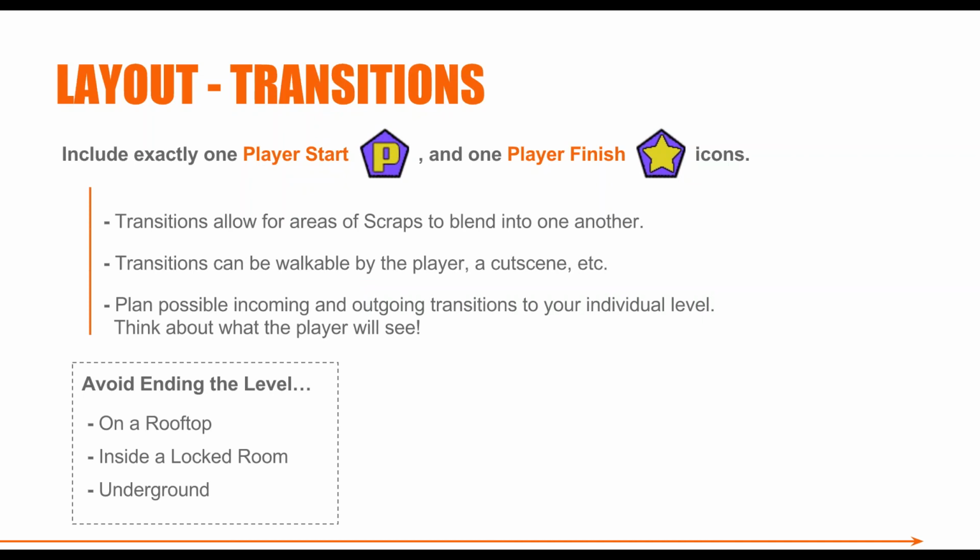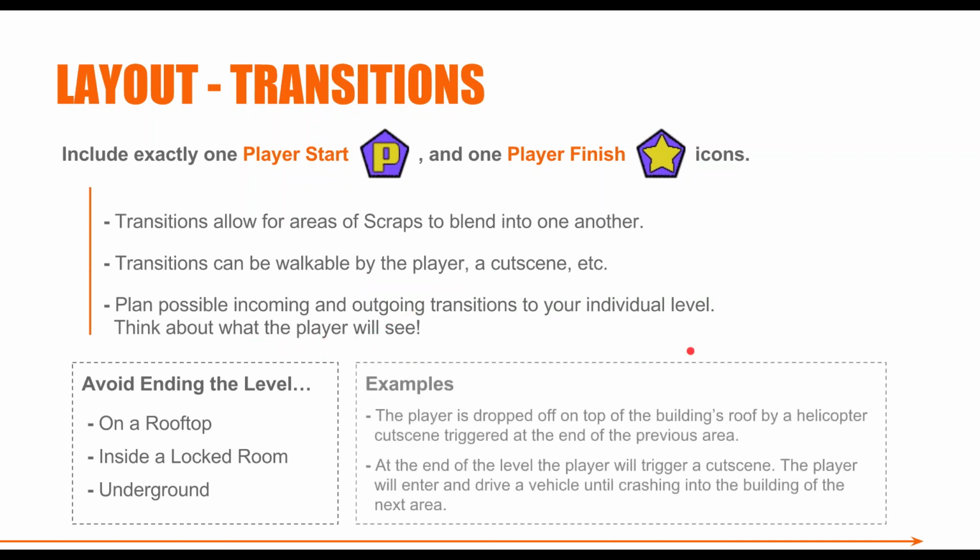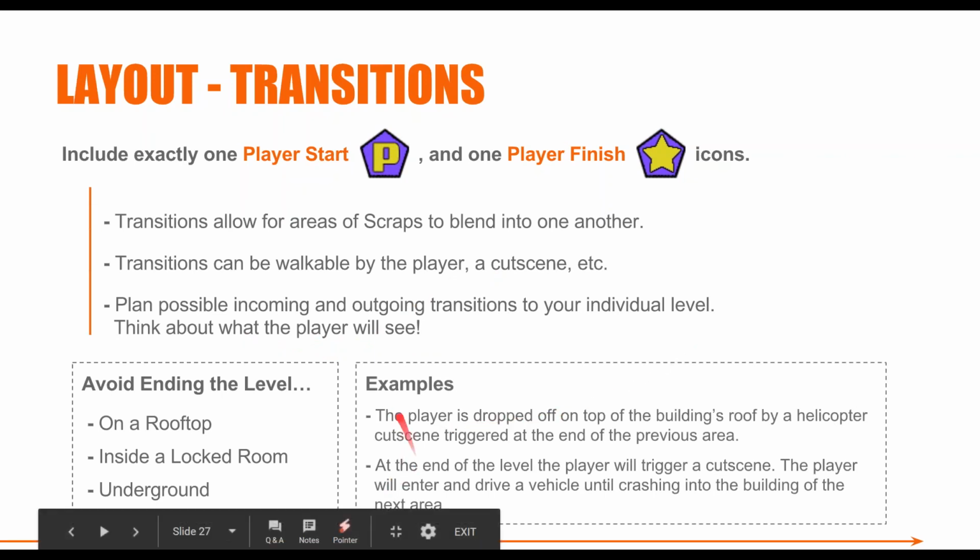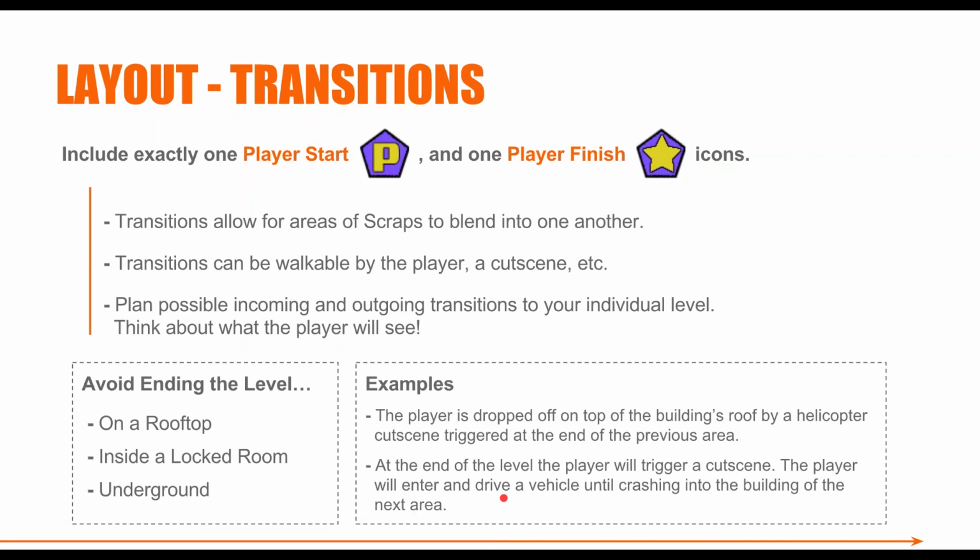And when you do that, do your best to think about what the player will see. So here are two examples that you could see in the notes for the level, specifically saying the cutscene will trigger and what you will see during that cutscene. Be very specific and detailed in the notes and on the layout of the map itself.